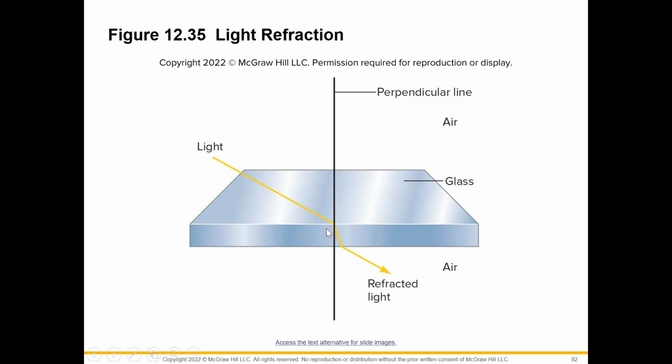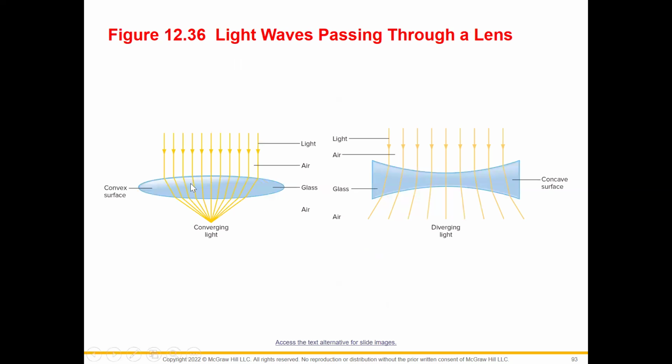That is what refraction is. So converging light, coming in from multiple different sources, goes through a convex surface. The convex surface comes out, and all of that image will then converge into one spot in the eye. With a concave surface, one that goes inward, when the light hits it, all the light rays diverge, so they scatter. Convex surfaces help the light converge. Concave surfaces help the light diverge.